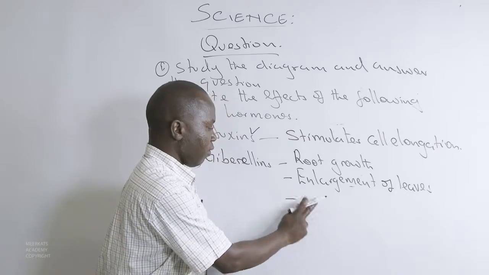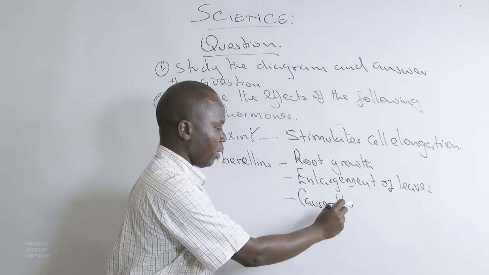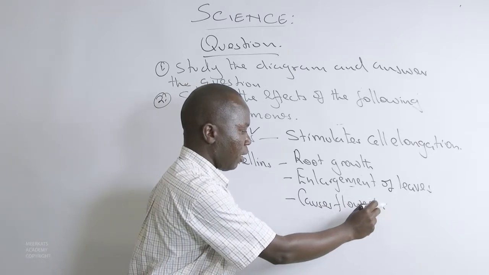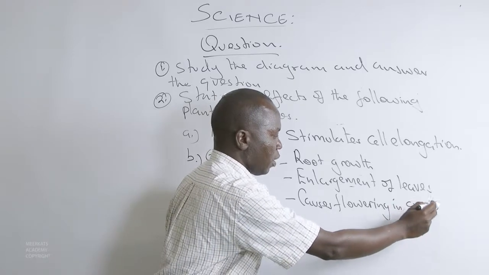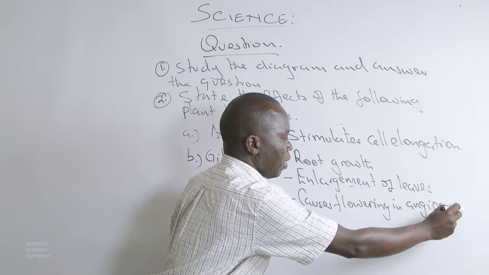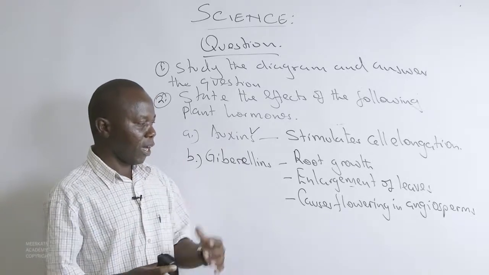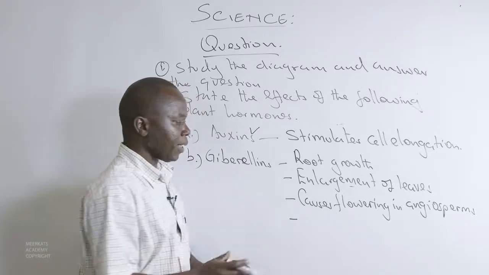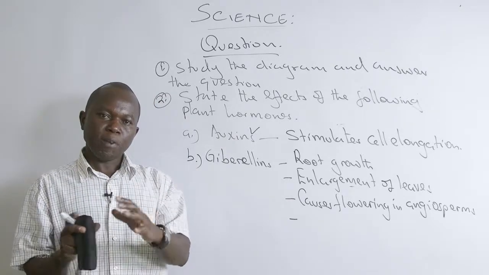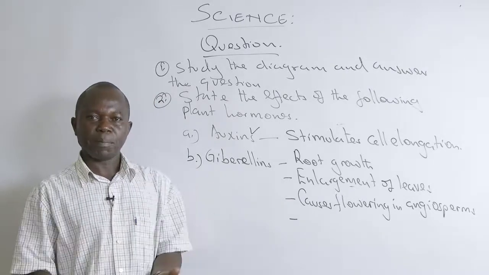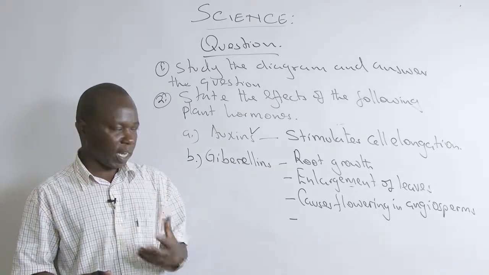And then it causes flowering in angiosperms. Angiosperms are a type of plants that usually produce flowers. But remember, flowers form not for the purpose of beauty for the plant, but as part of the reproductive cycle.